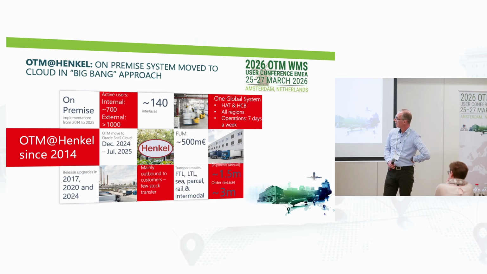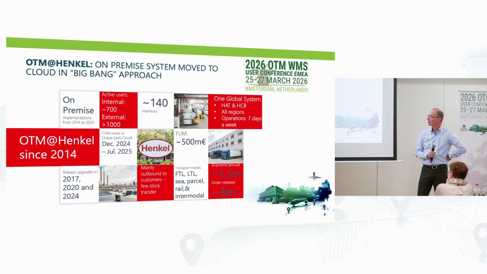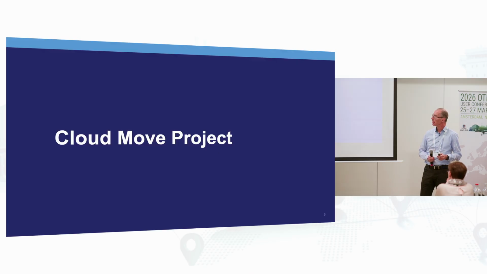And last year we organized the project in what we call the fast track. You will see why in a very short time frame. With also here one big bang, one go-live for the complete system.